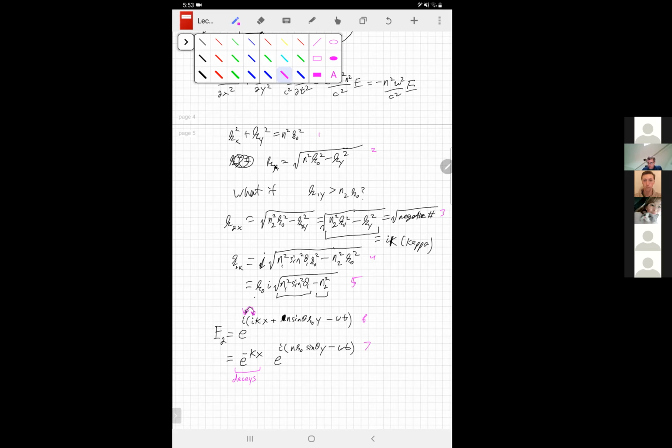I think the n1 squared sine squared theta 1, that whole first squared term, replaced k sub y squared, correct? What about k sub y? Sorry, it's step 3.